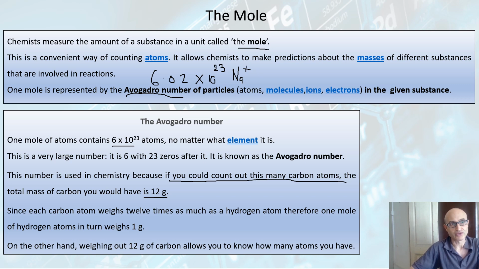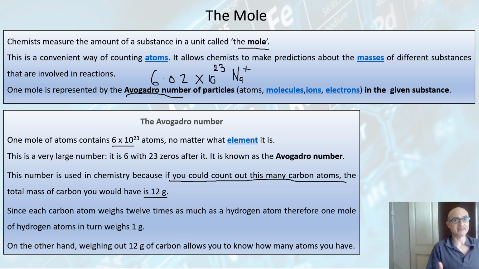In other words, the mass of 1 mole of carbon atoms equals 12 grams, because 6.02 times 10 to the 23 carbon atoms, which is 1 mole, is equal to 12 grams of carbon. Also, at the same time, it gives you an idea of just how small and how tiny and how light atoms are.